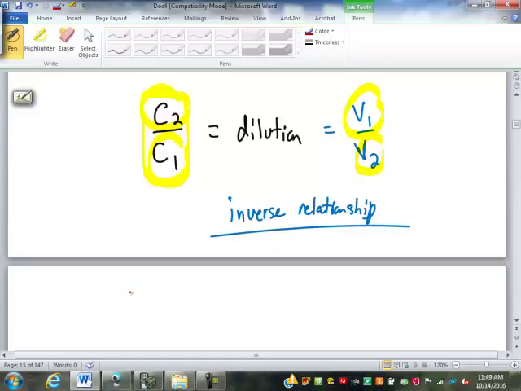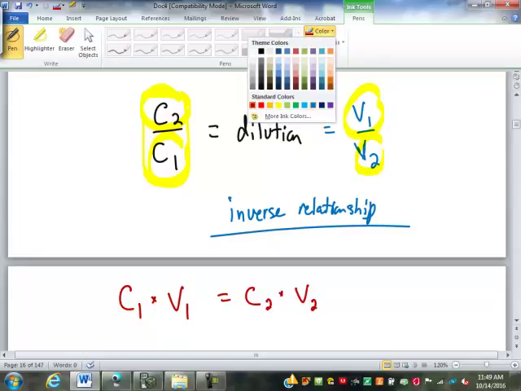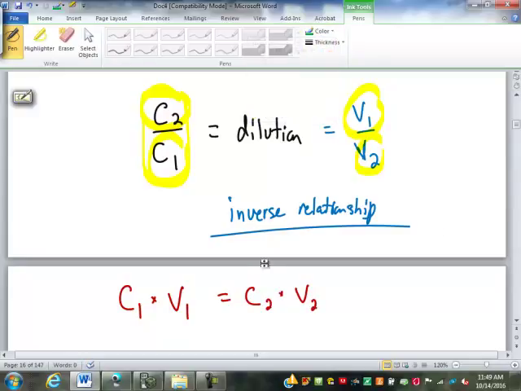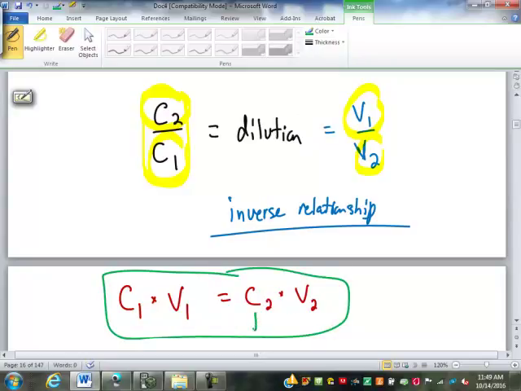Remember, the amount of active ingredient before is the concentration times its volume. That has to equal the new concentration times the new volume. And if the concentration is to be reduced, that volume has to go up so that we stay at the same total amount.